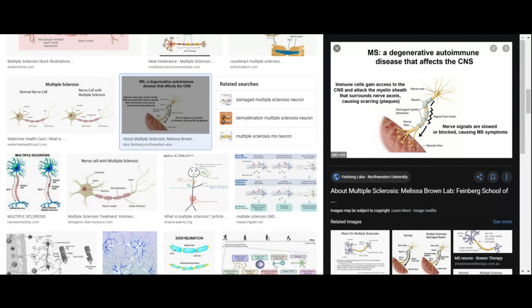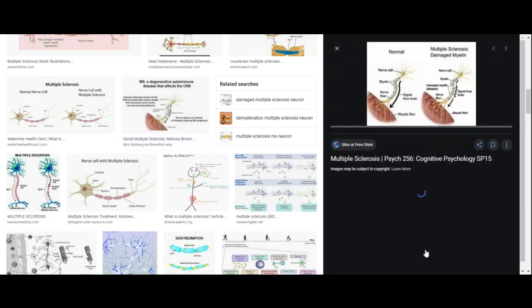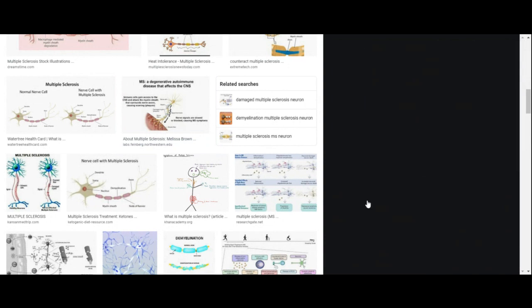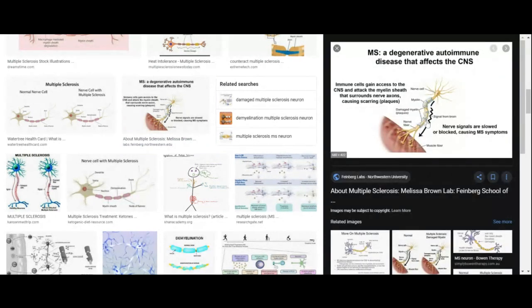See, ultimately, that's the big picture problem with multiple sclerosis, is that we start damaging the myelin sheaths on the neurons that are sending messages to our muscles, telling our muscles to contract. So we start to have issues with really weak muscle contraction or being unable to contract our muscles.